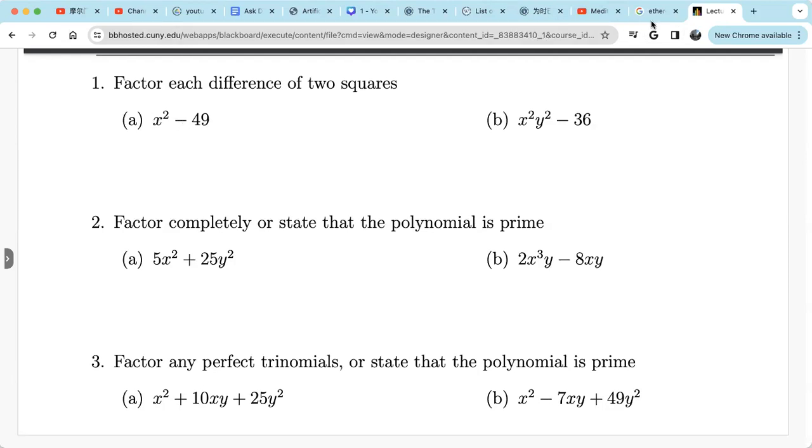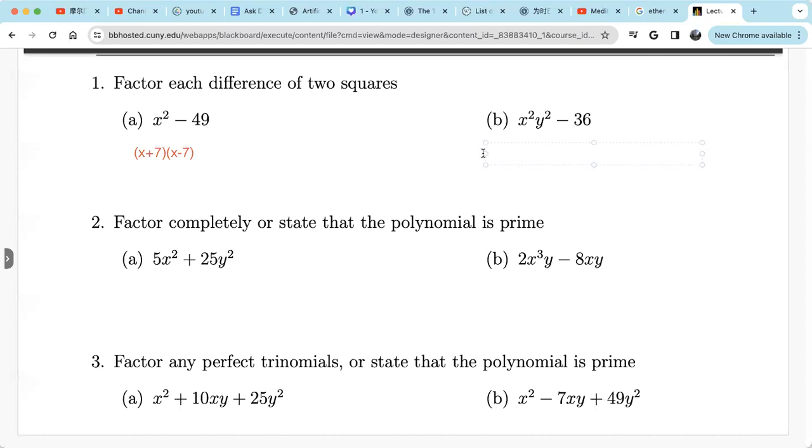It has a formula. The formula is x plus 7, because 49 is 7 squared, and x minus 7. That's it. x plus 7, x minus 7, and it cannot be factored any further.